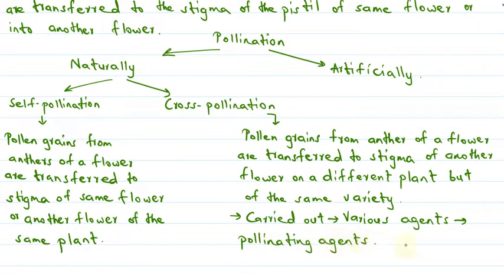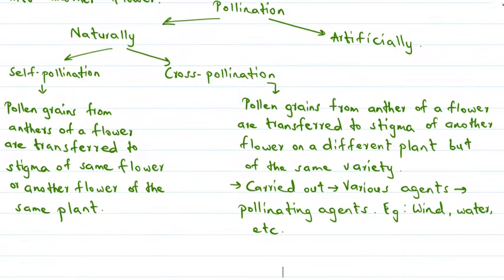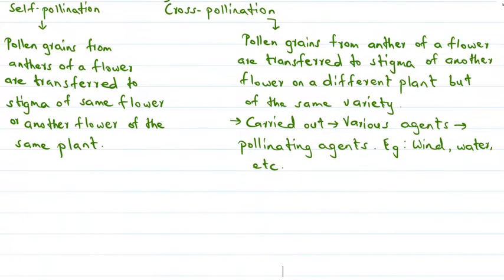So these agents can be, for example, wind, water, etc. They can be insects. Okay, so these are the different pollinating agents that help in carrying out the process of cross-pollination. So now let's see how different agents help in cross-pollination.